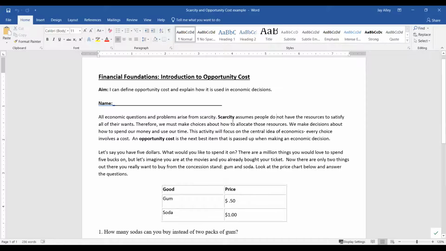If you read on, the next sentence clarifies that. Scarcity assumes people do not have the resources to satisfy all of their wants. Scarcity could refer to anything. It could refer to scarce oil reserves on a national or international basis.